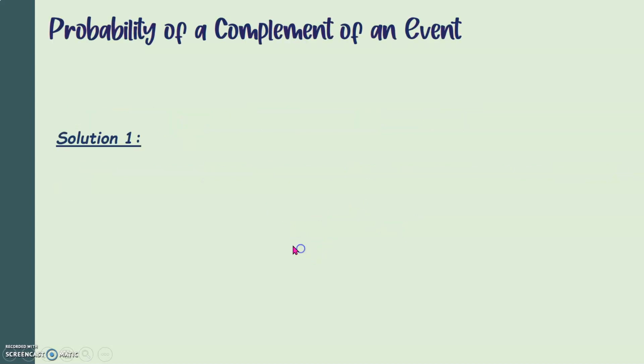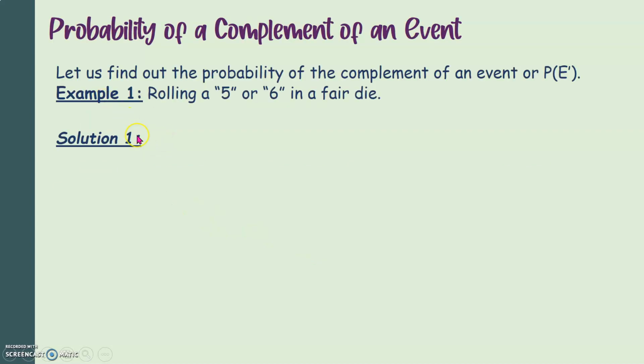Let's have an example. Let us find the probability of the complement of an event, or P of E prime. Example 1, rolling a 5 or 6 in a fair die. We know that when we roll a die, we have 6 possible outcomes.